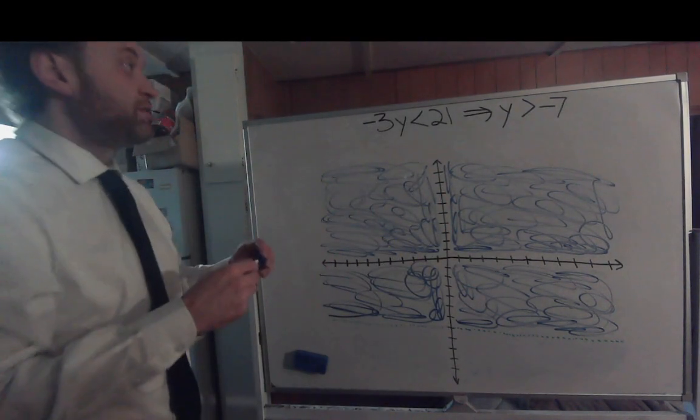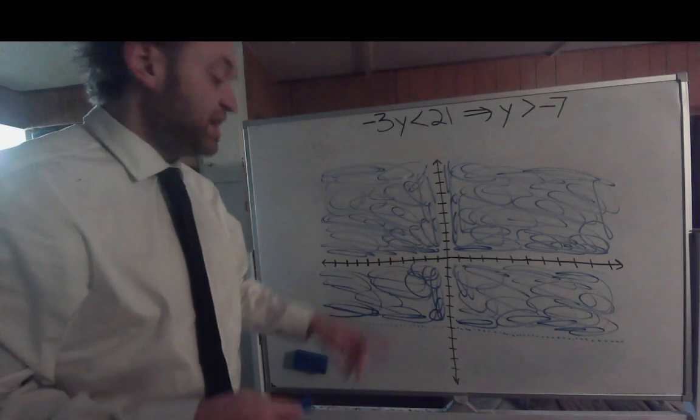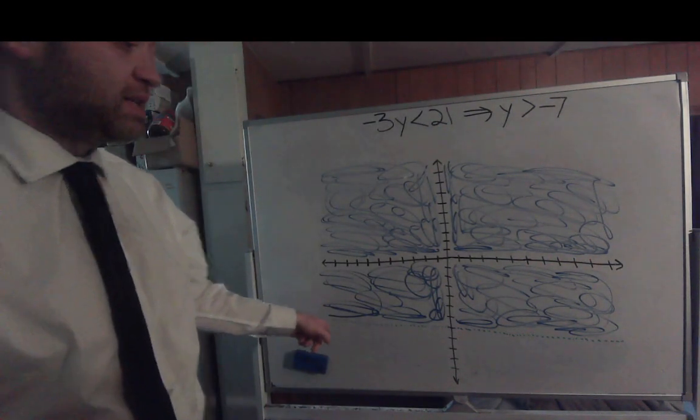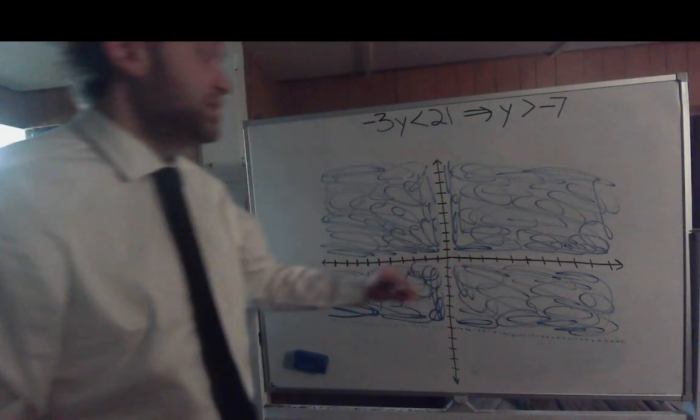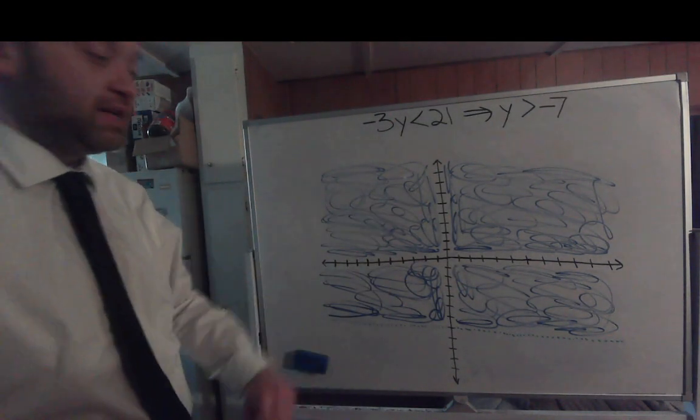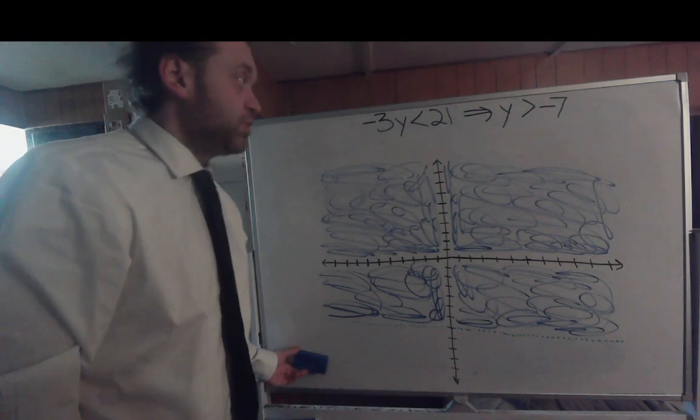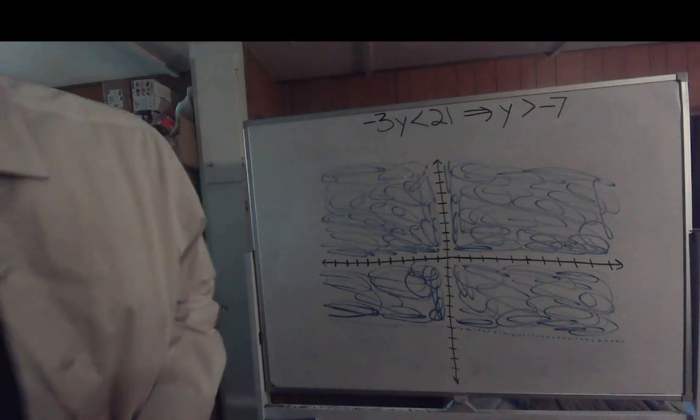So your graph of y is greater than negative 7 would look like a dotted line through y equals negative 7. Then you shade everything above that, which will give you your graph of y is greater than negative 7.